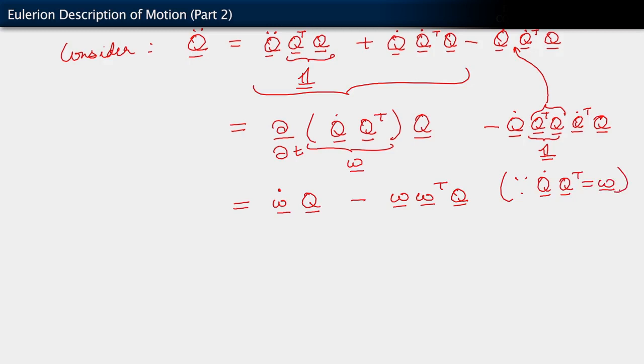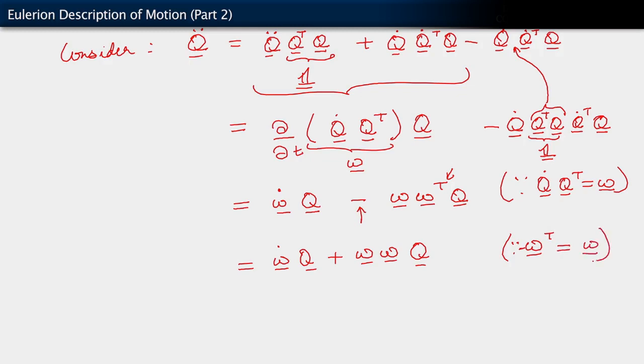But then omega is skew symmetric, so I can absorb the minus sign and the transpose, and combine those two to write this out as omega dot Q plus omega Q. I absorb this minus sign in the omega transpose since omega is skew symmetric, so I change the sign to plus, because minus omega transpose is omega.